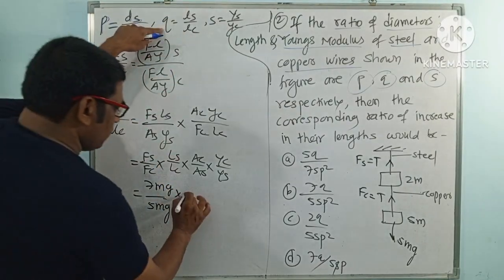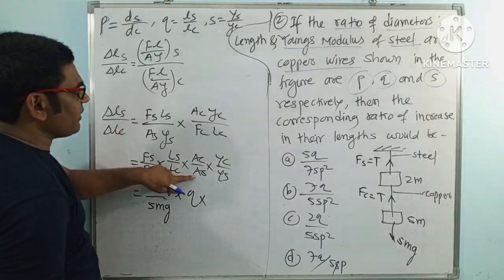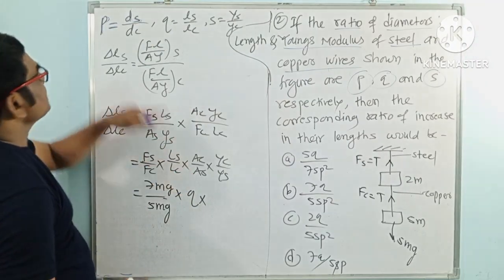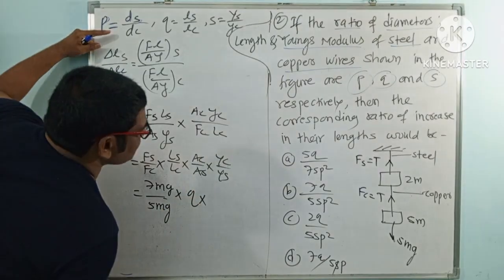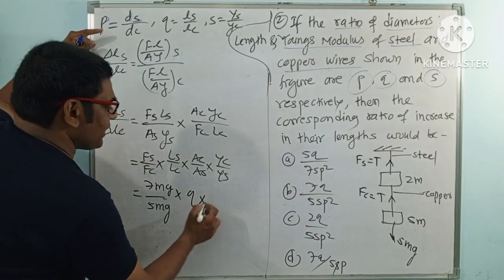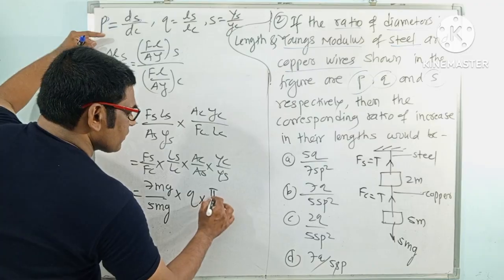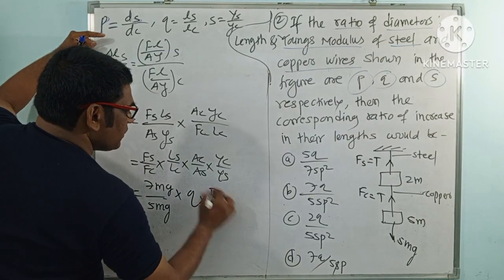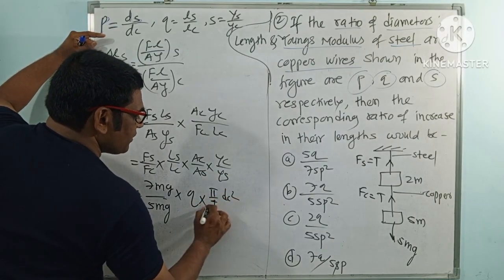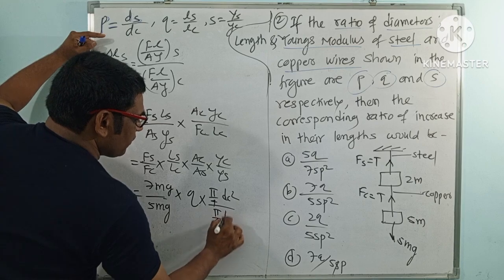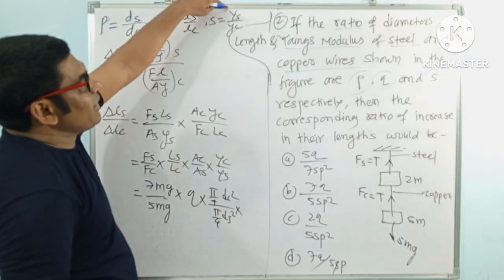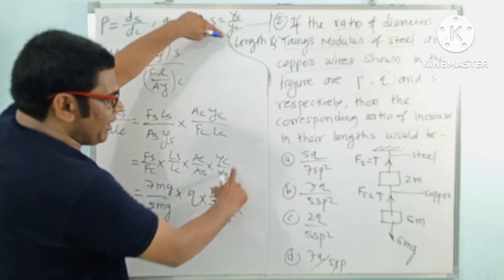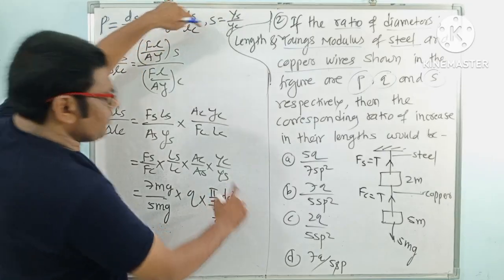Ls by Lc is Q. AC by AS. So this is not given, but diameter is given. So what you can write here? Pi by 4 dc square divided by pi by 4 ds square into yc by ys. Ys by yc is given. Here yc by ys is there, so opposite, 1 by s.